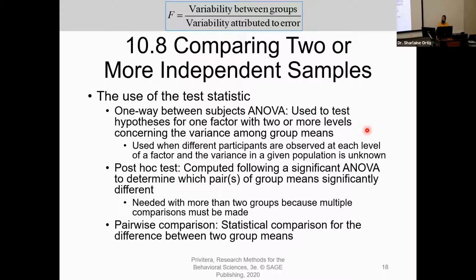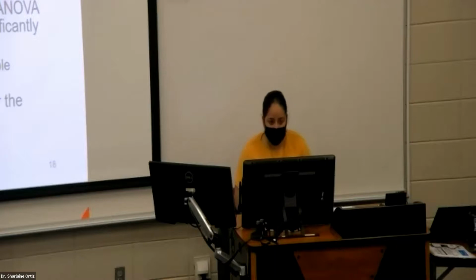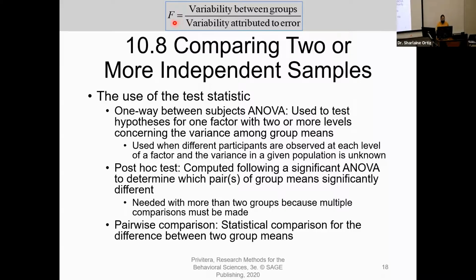What do I mean by my ANOVA was significant? Notice that for ANOVA, we use an uppercase F. And here, similar to my t-test, at the top I'm looking for that variability between the groups that I could perhaps attribute to my manipulation. And in my denominator, I'm looking at that variability that might have occurred because of error.